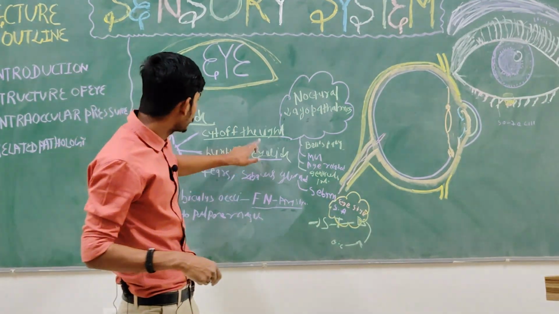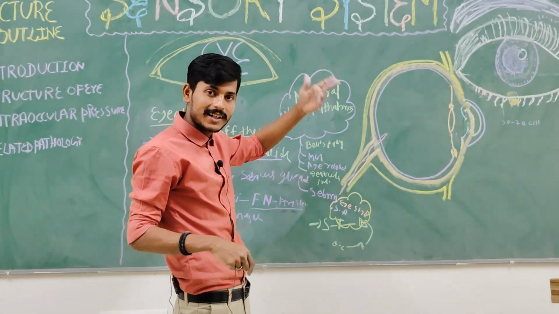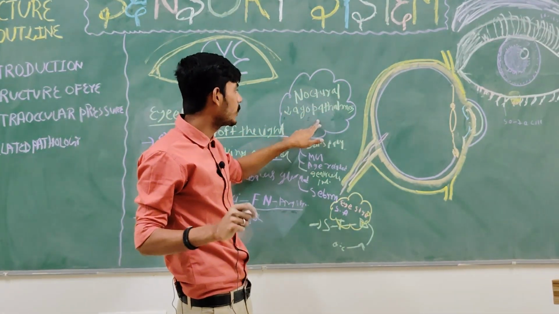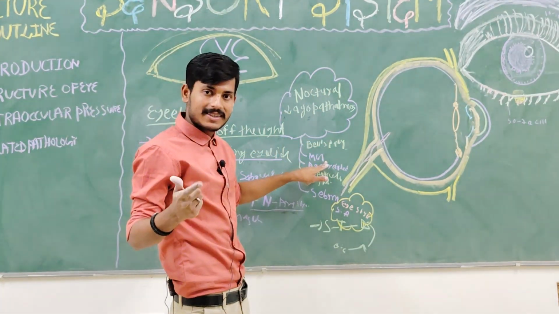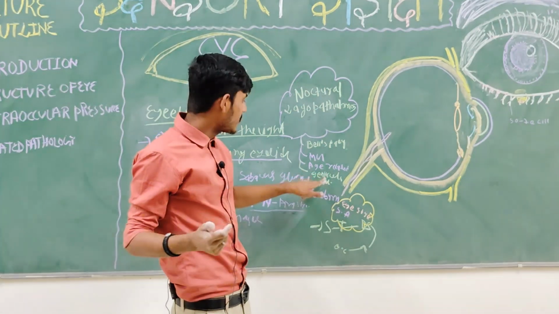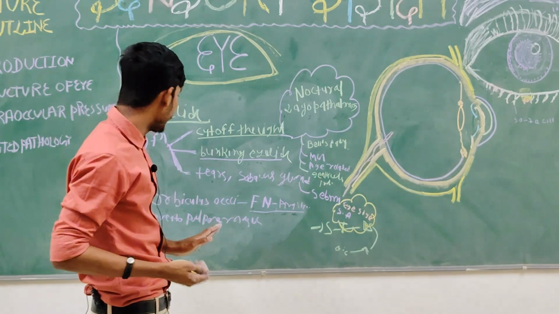Related pathology: when persons are unable to close their shutter, that's the eyelid, while they are sleeping, that condition is called nocturnal lagophthalmos. It can be due to Bell's palsy, the myasthenia gravis disease, it can be age related, or it can be genetically inherited. Understood?